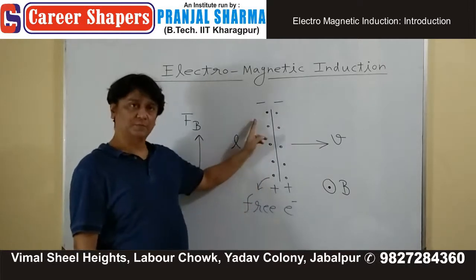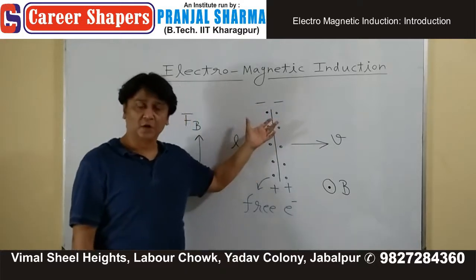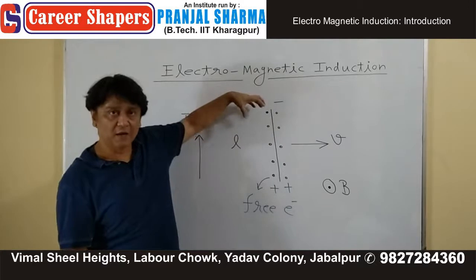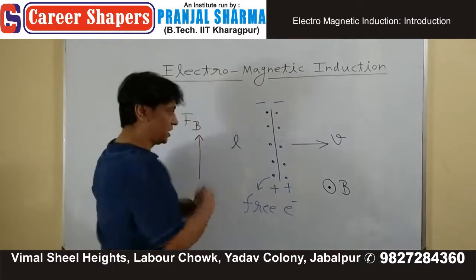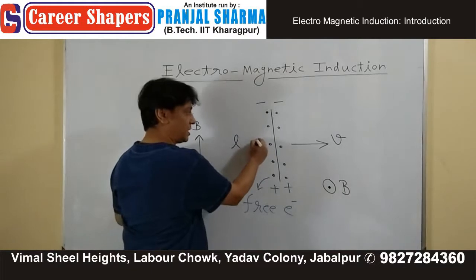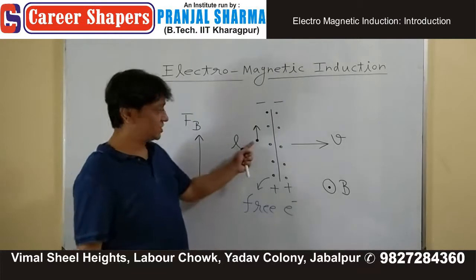As it goes up, the electrons which are already present will repel this third electron. So let's say this is the third electron and it is going up. You don't have to show it, just for your understanding.